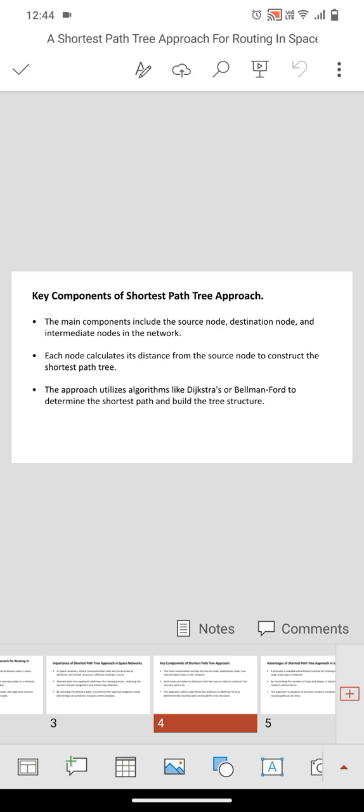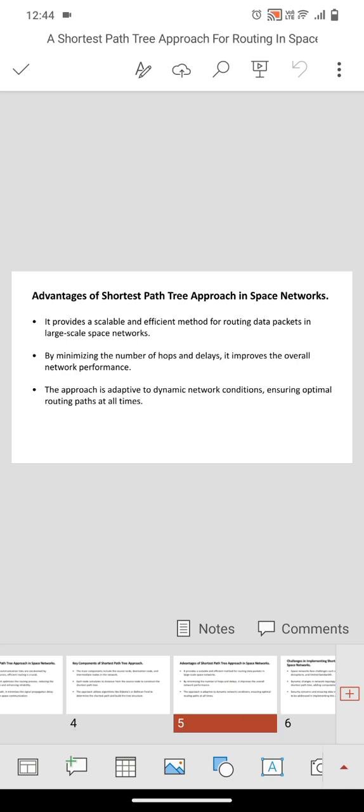These are the key components of the shortest path tree approach. These are the main three points, and we can see what the advantages of the shortest path tree approach in space networks are. It provides a scalable and efficient method for routing data packets in large space networks.